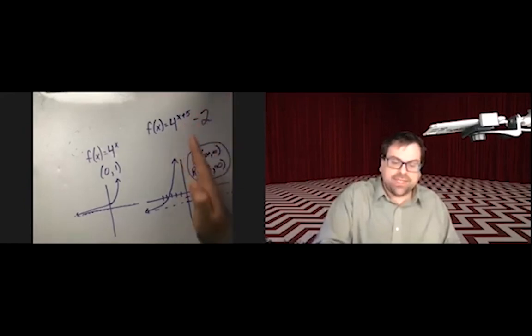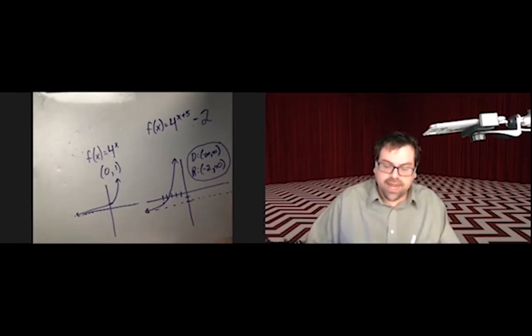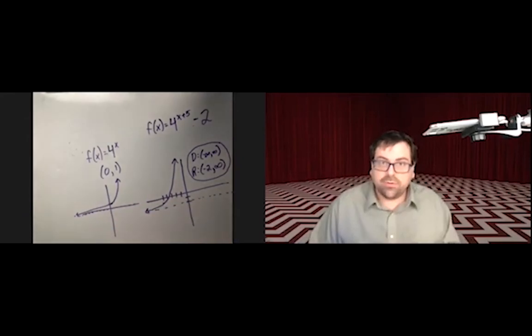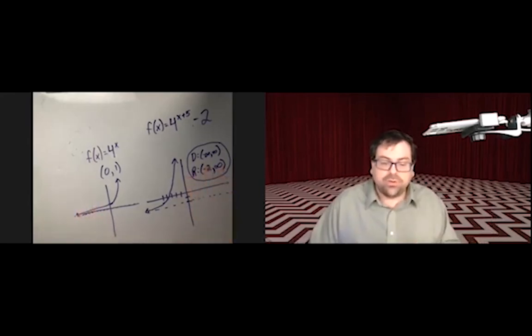Adding to the x moves us left, subtracting from the x moves us right. And then we look at domain and range, from negative infinity to positive infinity, left to right for domain, from negative infinity to positive infinity, bottom to top for range. So nothing new in the concepts, but we can apply it to our new functions.